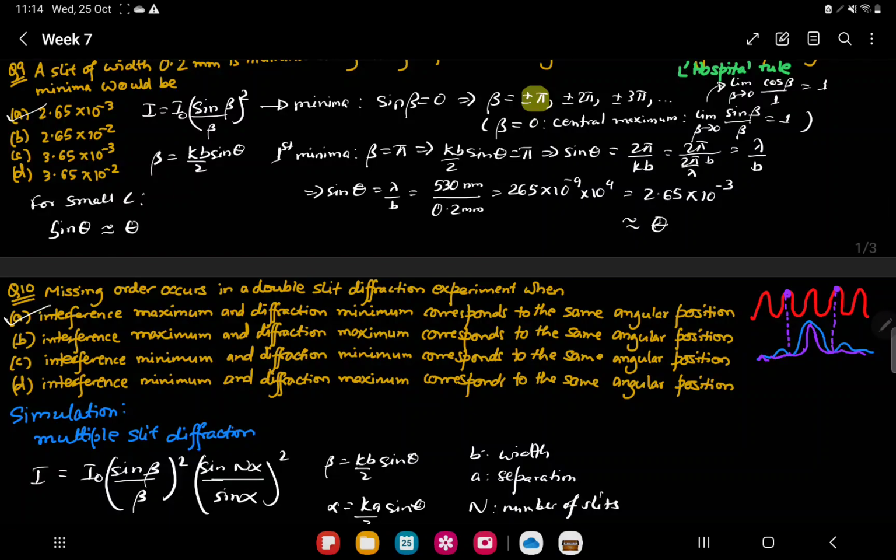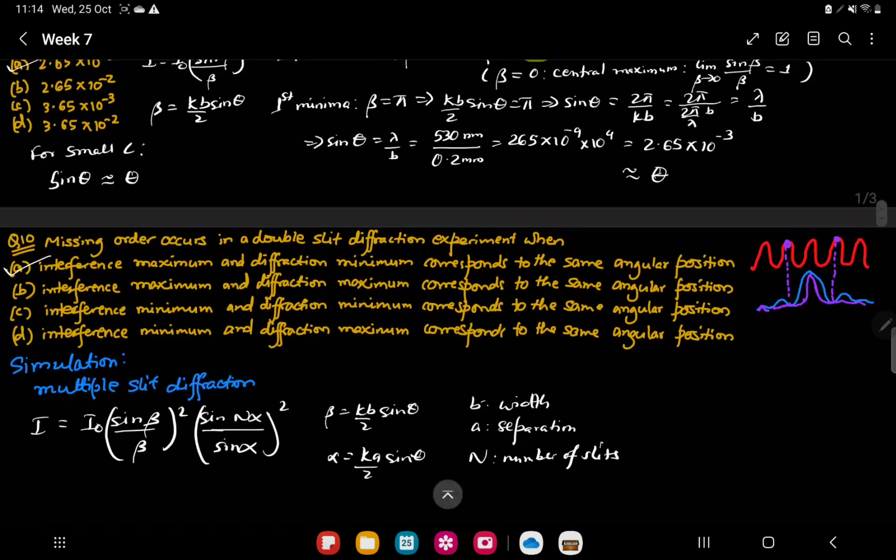A missing order occurs in a double slit diffraction experiment when an interference maximum and a diffraction minimum correspond to the same angular position. Interference maximum means the Young's double slit interference part, and diffraction minimum means the single slit diffraction part.